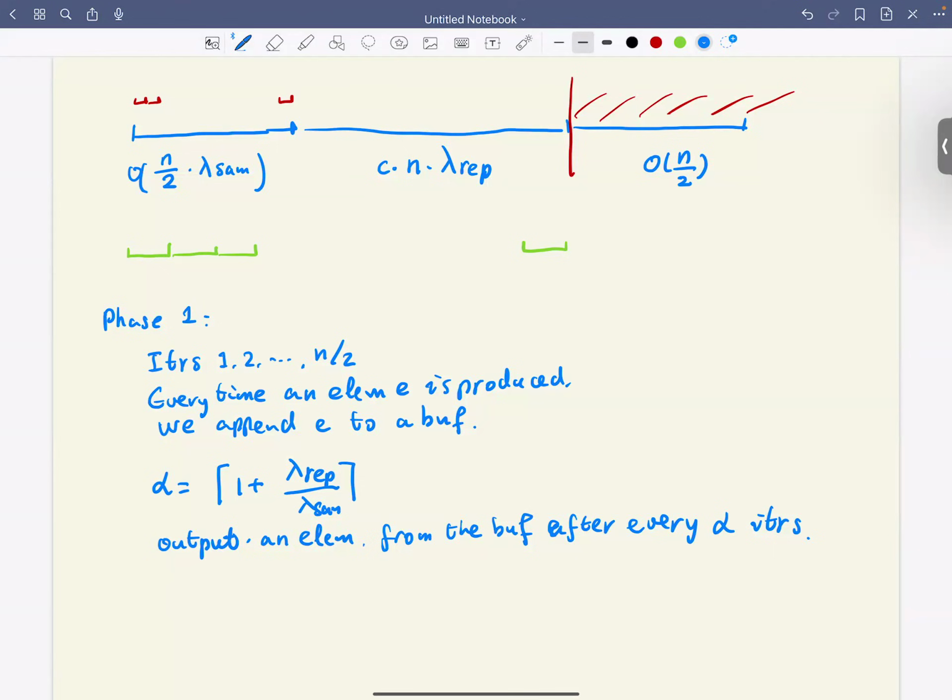If you look at the length of a red interval, that is the expected length of one iteration, correct? But every green interval, I output an element every alpha iterations, right? So the expected length of one green interval is alpha times the length of one red interval. Okay, good.